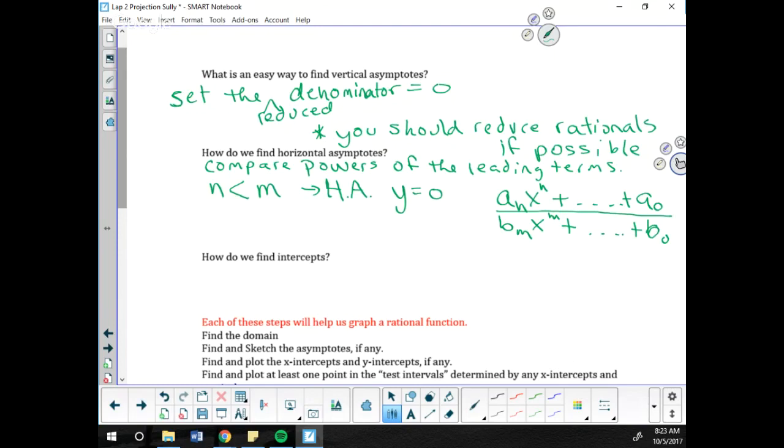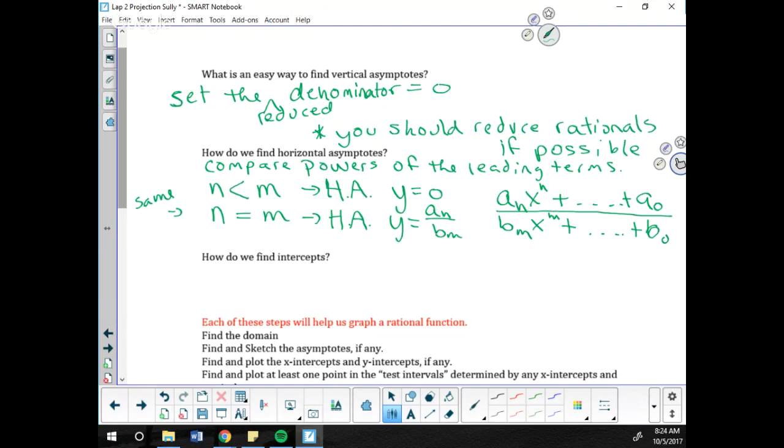Now, this is the one that we saw last time. If n equals m, so if they're the same power, this is what you guys got last time, your horizontal asymptote is going to be y is equal to the coefficient of the leading term, a sub n, over b sub m. You just divide the two.